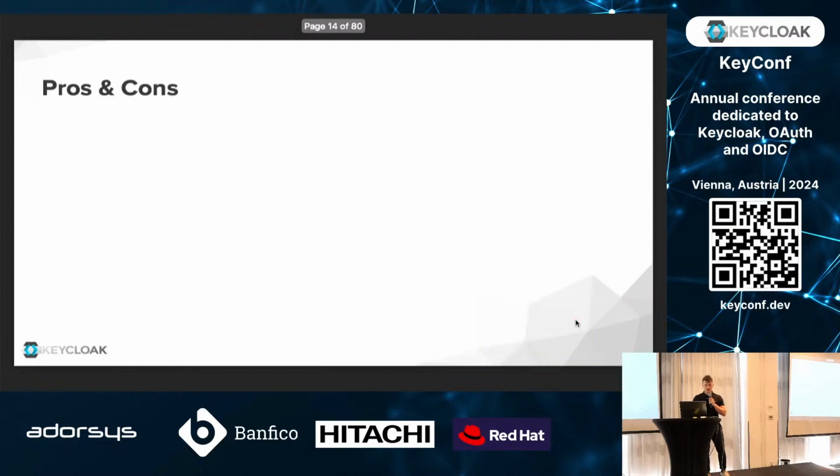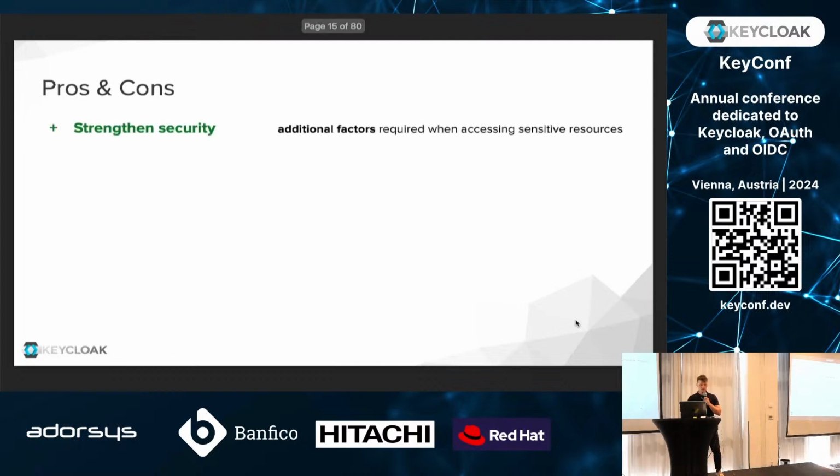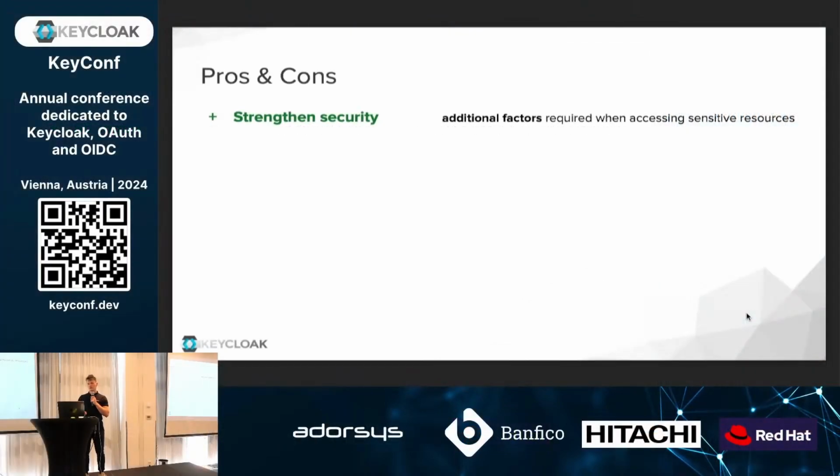It would be great to also mention the pros and cons of adaptive authentication and what it can bring to the table. The first benefit is strength and security, as additional factors are required when accessing sensitive resources.